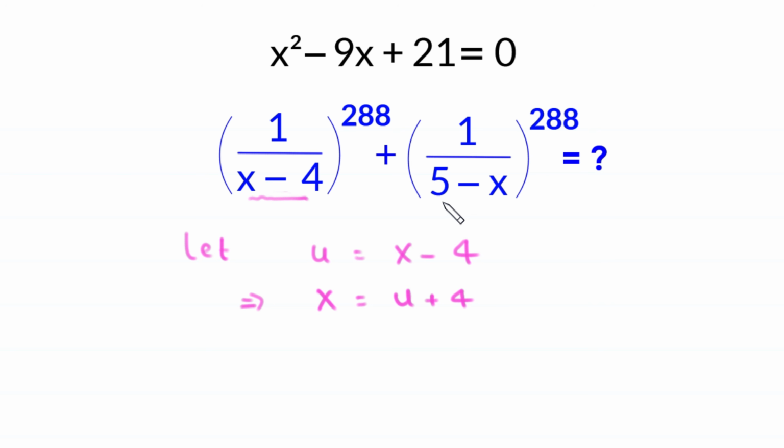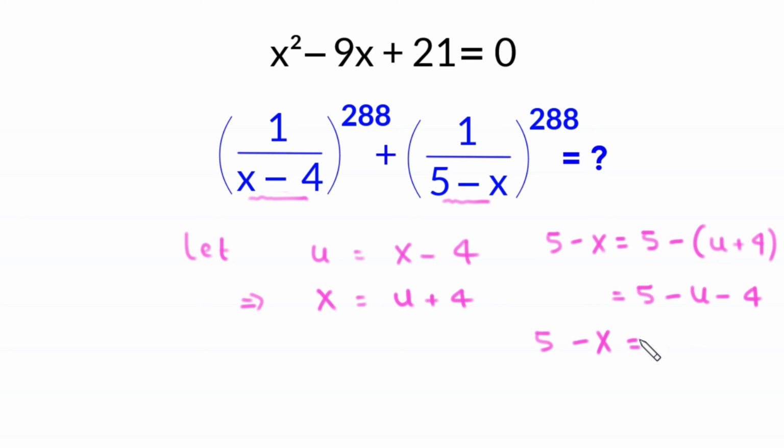And this denominator 5 minus x will be equal to 5 minus (u plus 4). Further simplify, this will be equal to 5 minus u minus 4, and this implies that 5 minus x equal to 1 minus u.